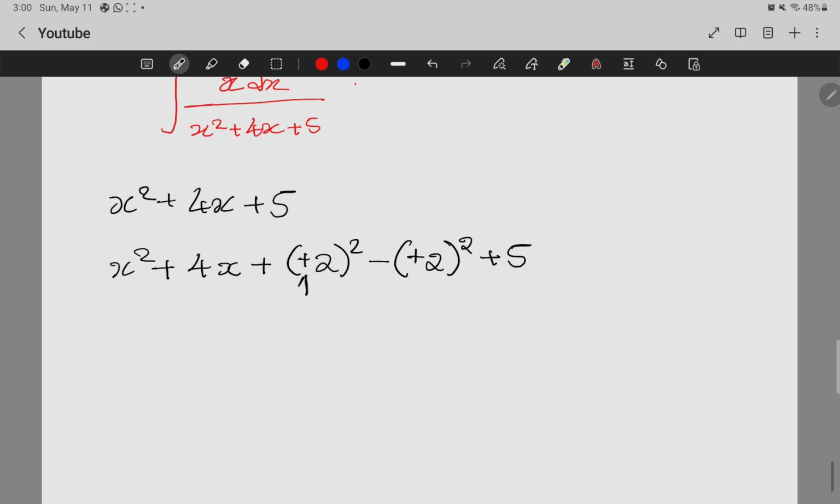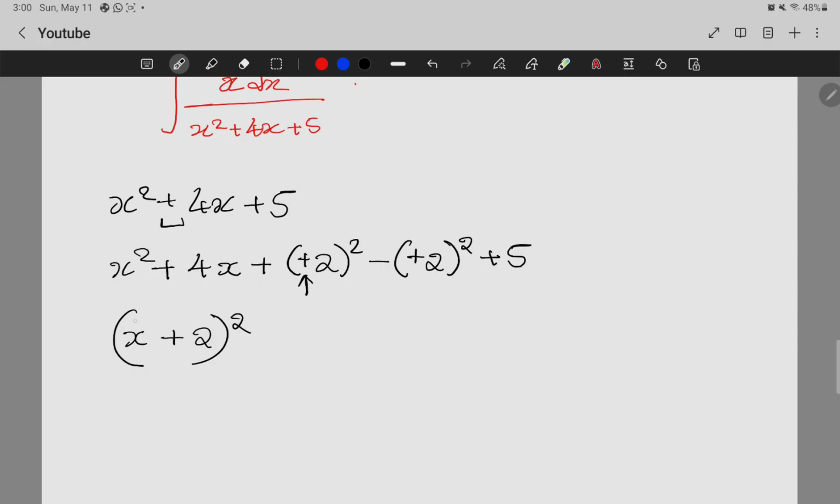Here, I always specify the sign to be positive because it's tricky when this is actually negative. That negative is important because it's the sign that comes here. So if it was minus 2, the negative would have come between. But since it is plus 2, I'll get that positive and bring it here.